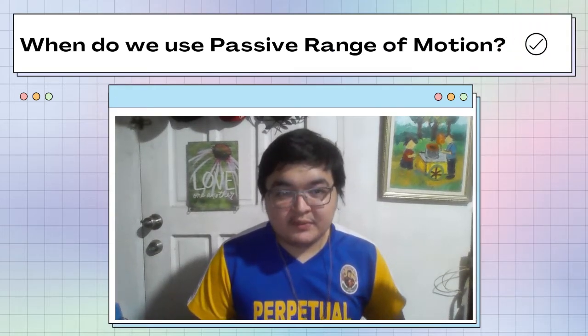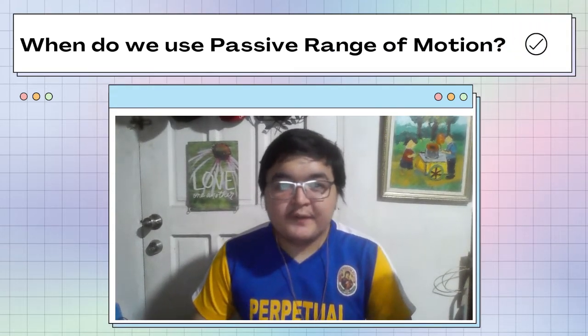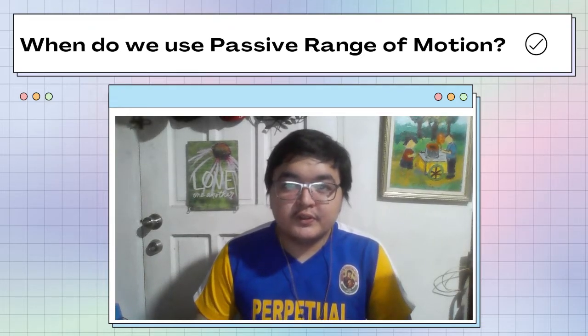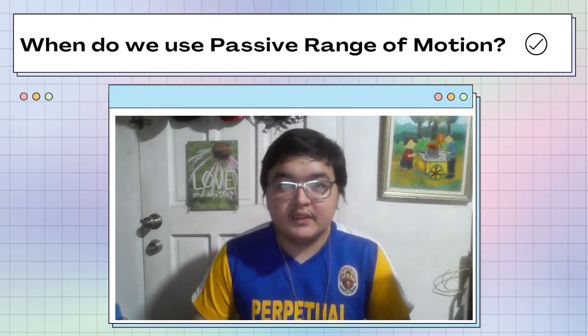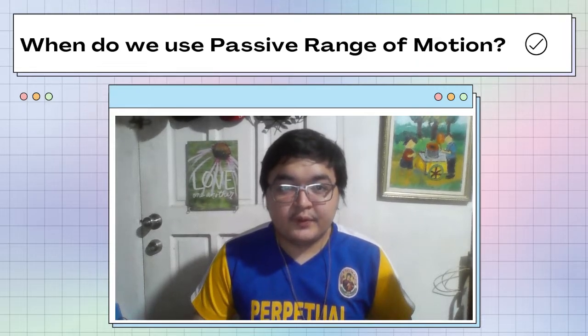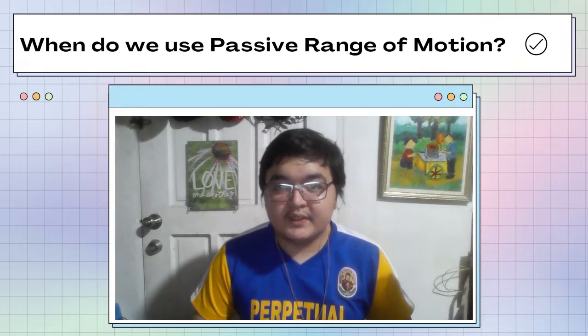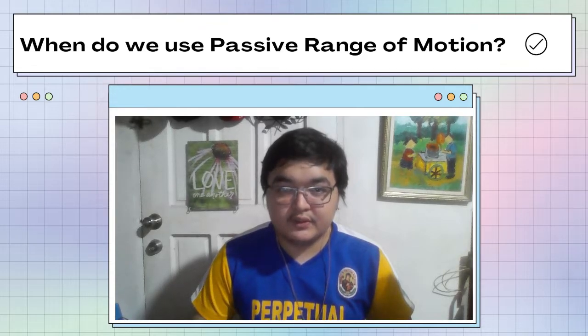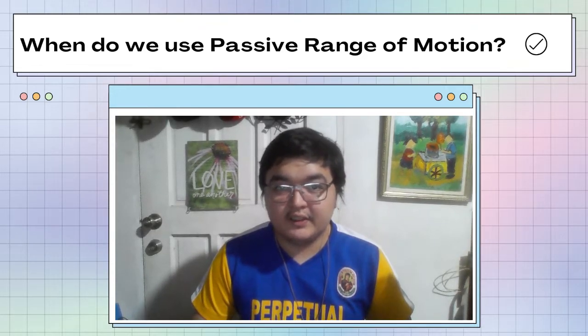When we use passive range of motion, if you're dealing with the aftermath of an injury to your shoulders, knees, hips, neck, or any other part of your body that's home to a joint, then you know how easy it is for your range of motion to be affected. That's because the range of motion, or the distance and direction a joint can move, is often limited after experiencing trauma to that area.